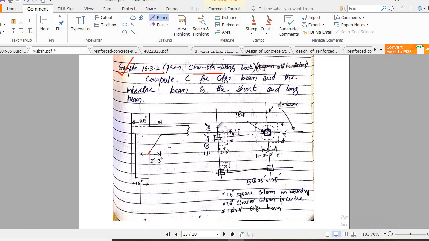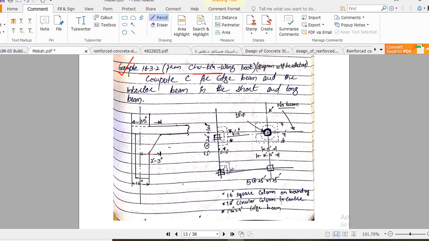Okay, we have a drop panel, a column capital, and similarly we see a drop panel and a circular column and a column capital, 18-inch dia. The column capital width is 4 feet 6 inch and the column capital width is 2 feet and 3 inch. Here you see the column capital is in circular shape, 5 feet dia, and here you see this is 7 feet and here you see 8 feet and 4 inch.